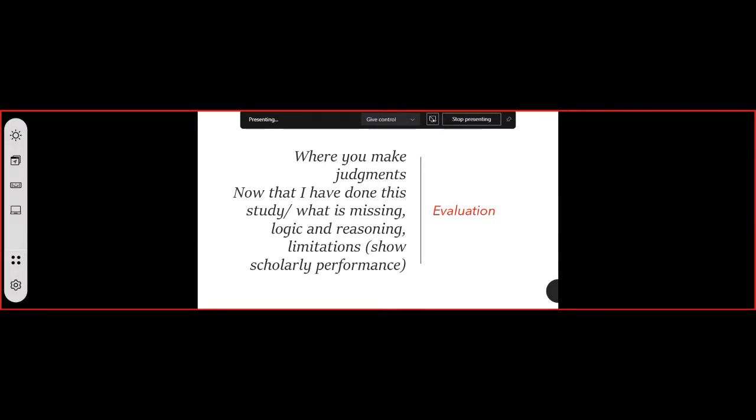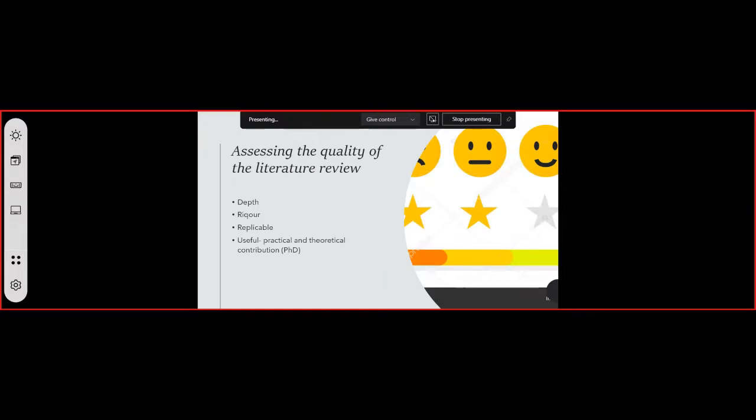And your evaluation would often be in the conclusion of your literature review. So I hope with these applications or demonstrations that you now have a clearer idea where you use which higher order thinking skills and how you could apply them when you are writing up your literature review.